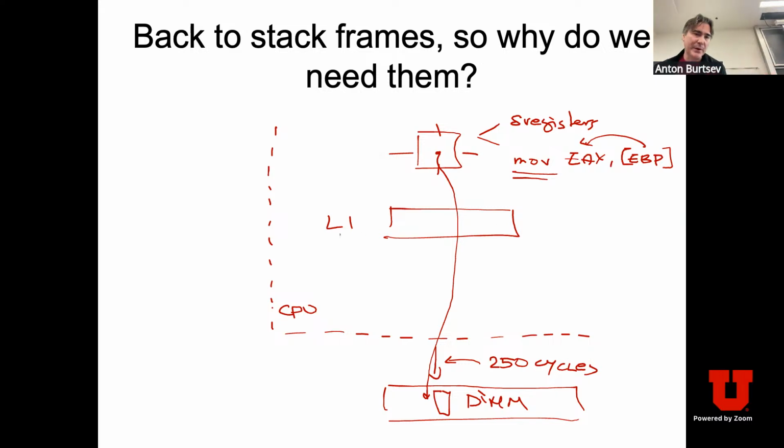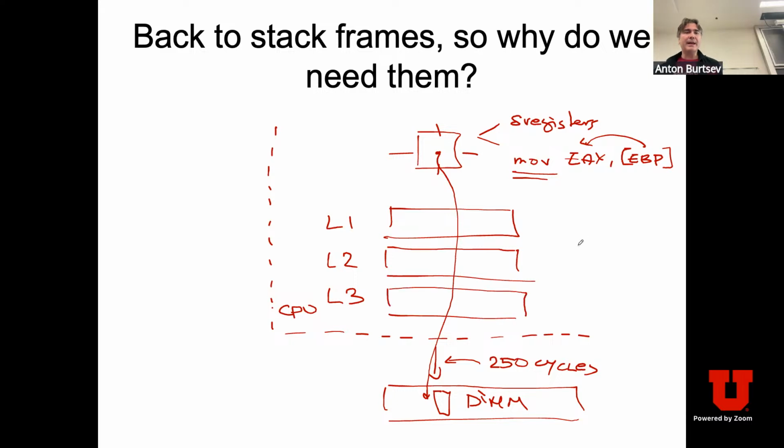So CPUs introduce this caching hierarchy, and typically on modern machines it's 3 levels of caching: L1, L2, and L3. When you first read a cache line, it will be placed, depending on the policy, in either all levels of this hierarchy and retained there for some time, with the goal that if you read it again, you will access it faster.